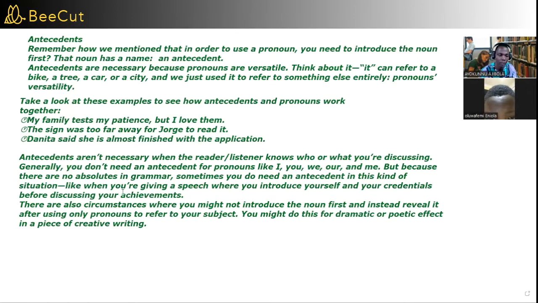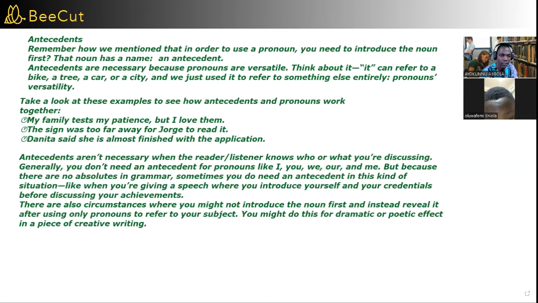There are also circumstances where you might not introduce the noun first and instead reveal it after using only pronouns to refer to your subject. You might do this for dramatic or poetic effect in a piece of writing.